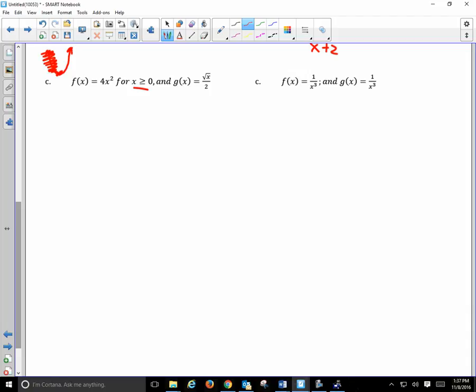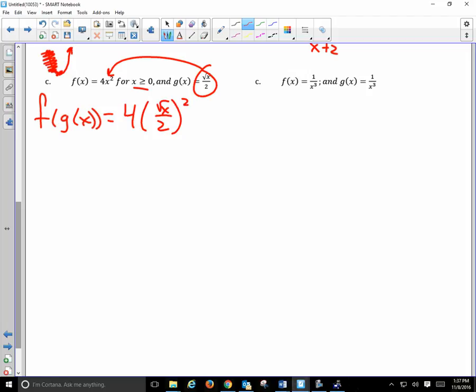Okay? So f of g of x is, take g, plug it right there, 4 times the root of x over 2 quantity squared, which is 4 times x over 4.